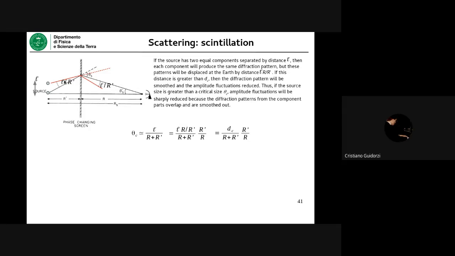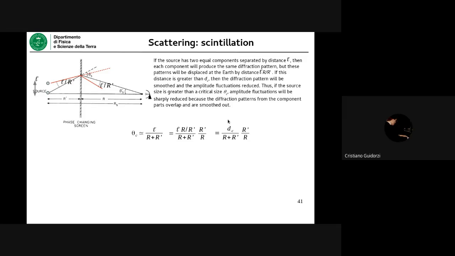The angle here is L over R prime, and the projected distance along the plane where the detector lies is this. I want this to equal the correlation length. That's the condition which defines the critical size, theta c.